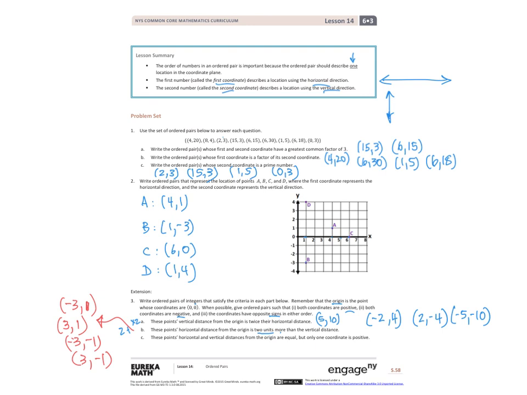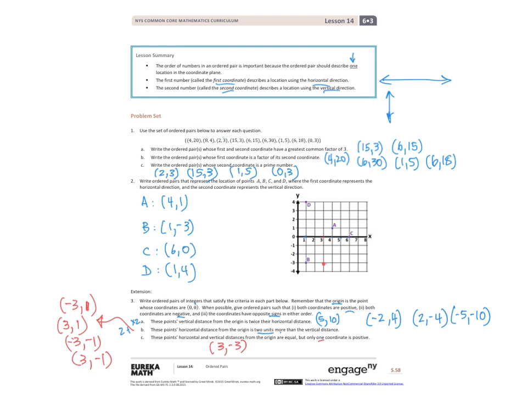Okay, C says, for these points, the horizontal and vertical distance from the origin are equal, but only one coordinate is positive. So if I had (3, -3), the distances from the origin, which is (0, 0), are equal. So if I go over 3 and I go down negative 3, okay?